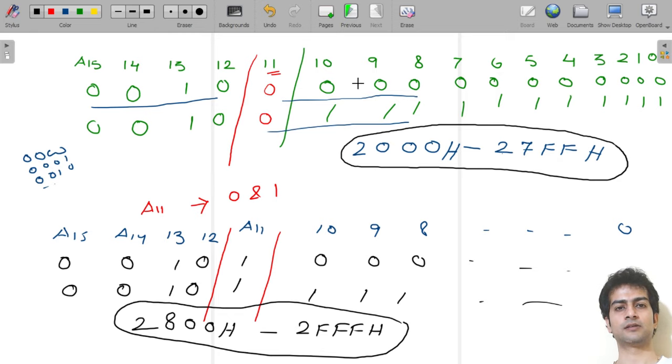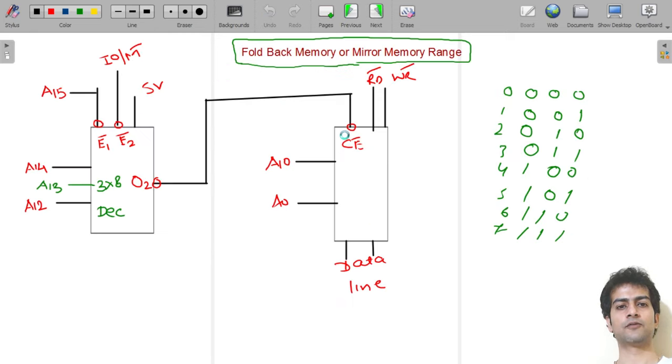So for this memory arrangement we are getting two ranges, because nothing is mentioned for A11.